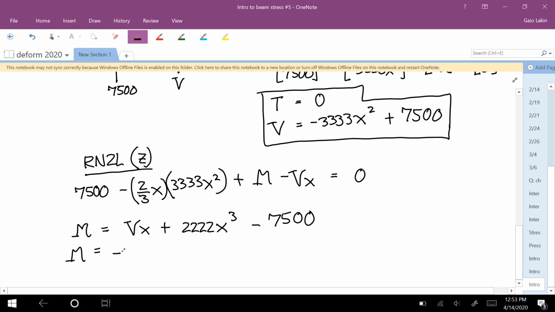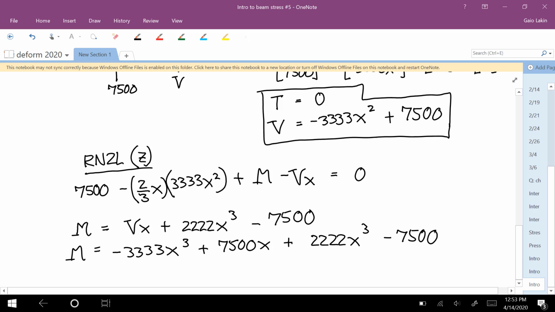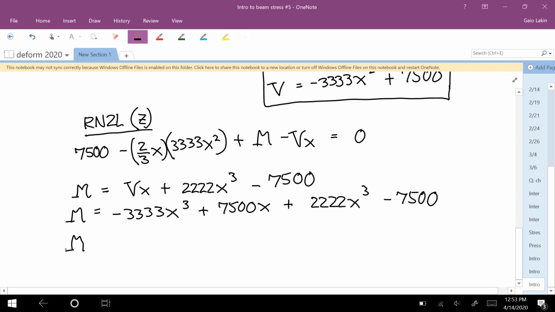So that's negative 3,333x cubed plus 7,500x plus 2222x cubed minus 7,500. And so finally we get that bending moment function is negative 1,111 x cubed plus 7,500x minus 7,500.